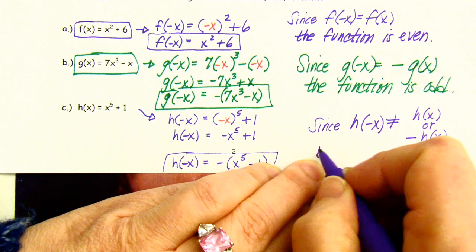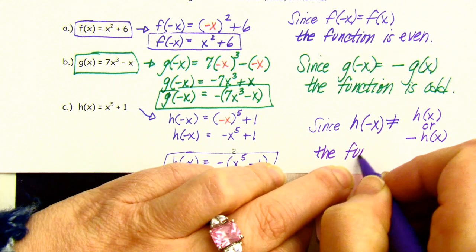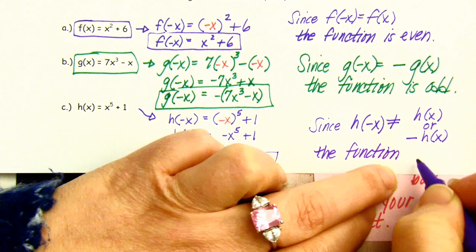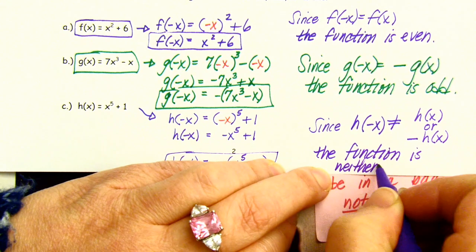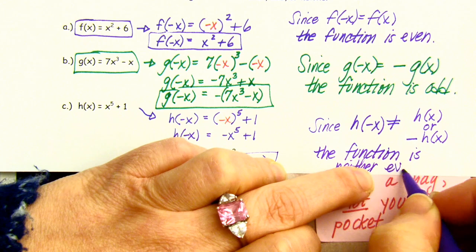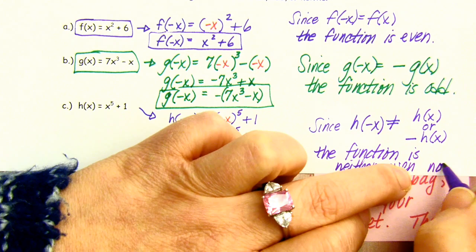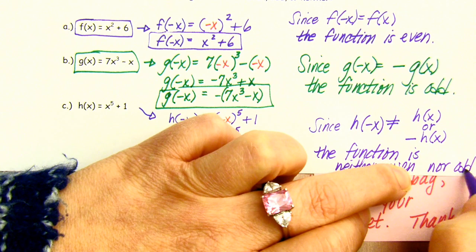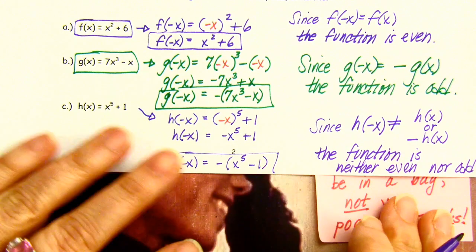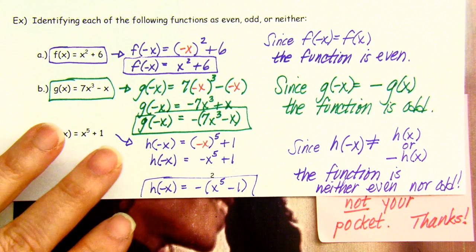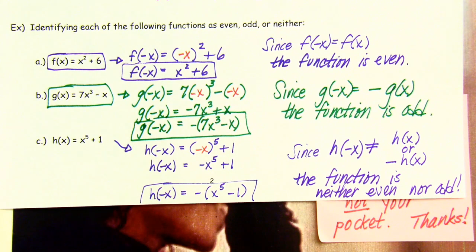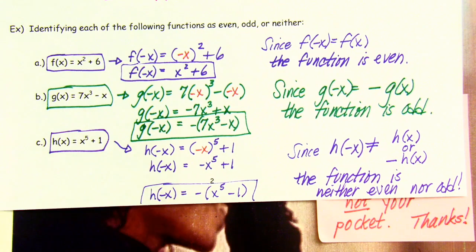The function is neither even nor odd. Okay, so that's a neither situation, because when I evaluated the function at h of the opposite of x, I didn't get the same output, and I certainly did not when I compared these. I didn't get the opposite output either.